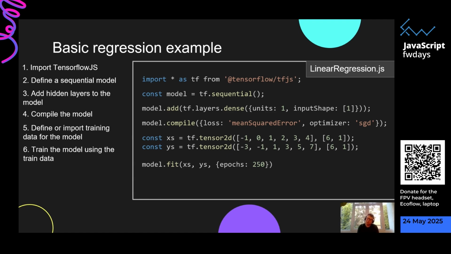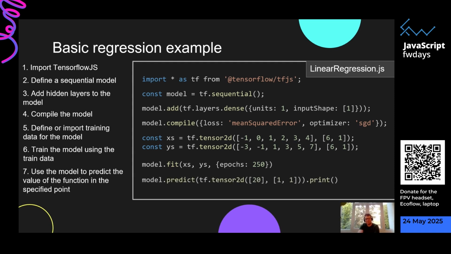And don't use 2 million epochs because your computer might start burning. You might end up shopping for a new computer. Or not, but at least you get a freeze. And you don't want this on the client's website. After that, you'll be using the model to predict the value of the function at the specified point. You predict with a tensor2d at the value 20, let's say, at point 20.